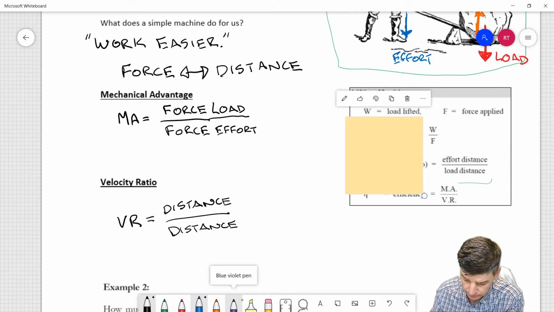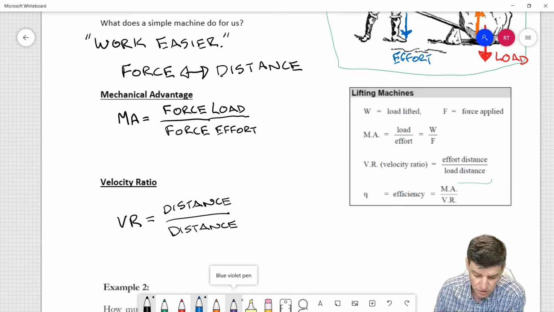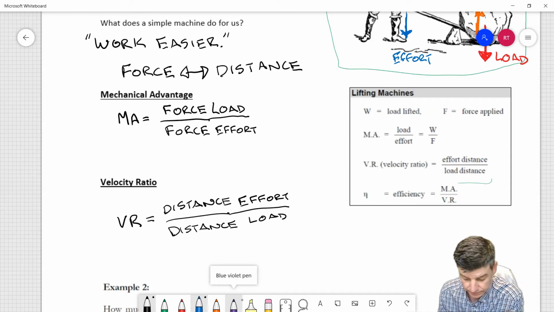Once again, velocity ratio is going to be larger than 1. We're going to have a ratio of the distance that my effort moves compared to the distance that my load moves. In this case, it's the distance that the effort moves on top, because it has to move a larger distance compared to the distance that the load moves. Okay.